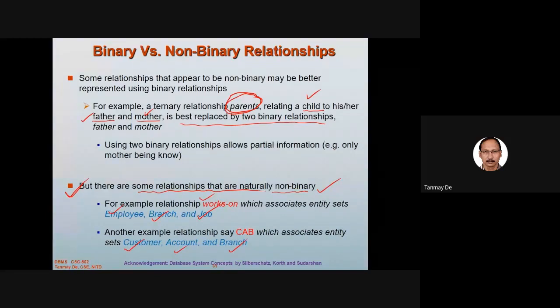Customer has attributes such as customer name, customer ID, customer address, and customer city. Account has account number and balance. Branch has branch name, branch assets, and so on. So this CAB, which associates customer, account, and branch, is naturally a ternary relationship.